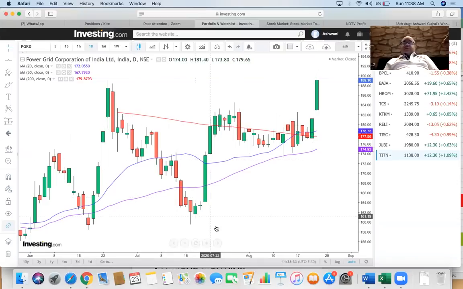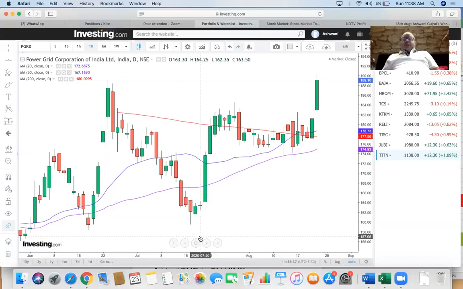The low of this consolidation is about 168.